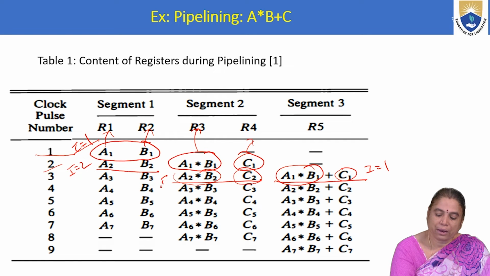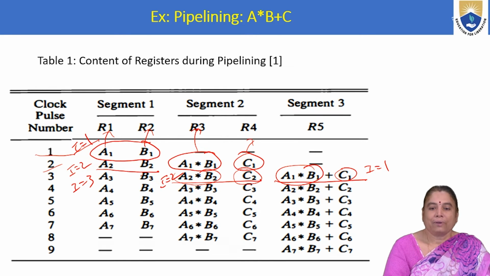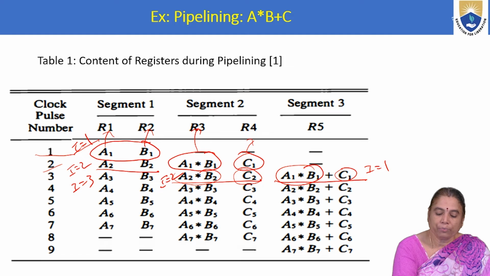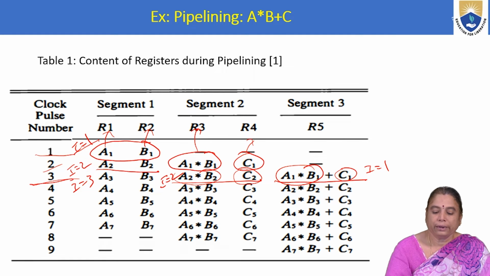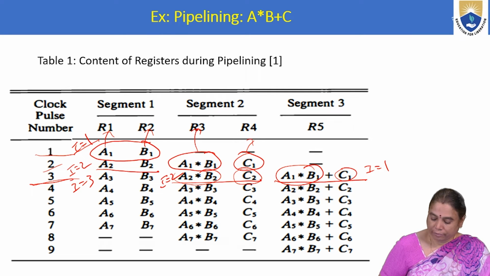This is the I value 2. And at the same time the I value 3 values are loaded to R1 and R2 respectively. So if you observe, at the third clock tick, 3 instructions are executing in parallel. So this is the overlapped execution of the segments in case of arithmetic pipelining.